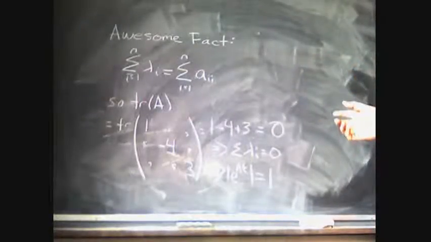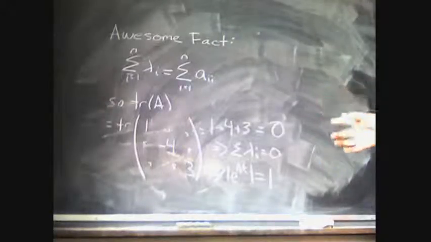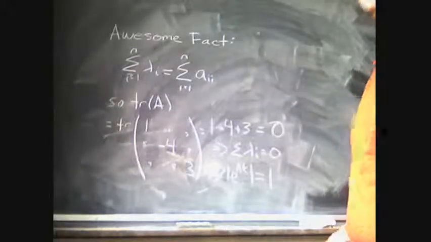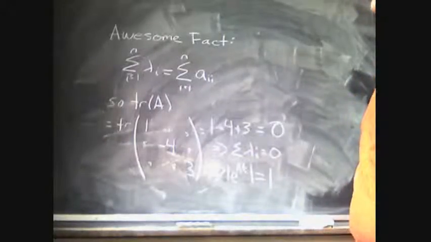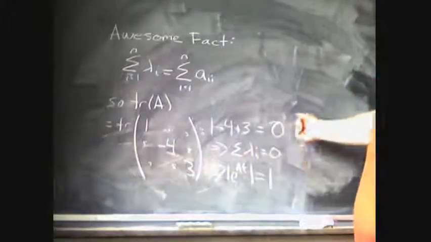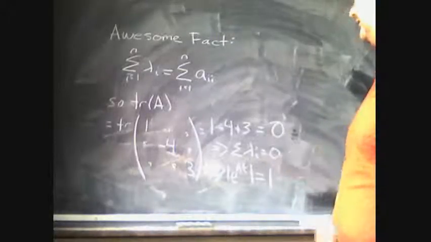So if we wanted to find the sum of lambda 1, lambda 2, and lambda 3, we just need to look back at the original matrix A and add up the sum of its diagonal entries. So we have 1 minus 4 plus 3, which is 0. Thus, we know that the sum of our eigenvalues is also 0.